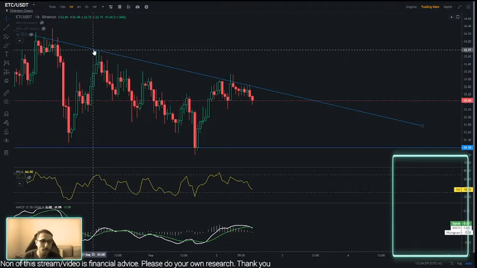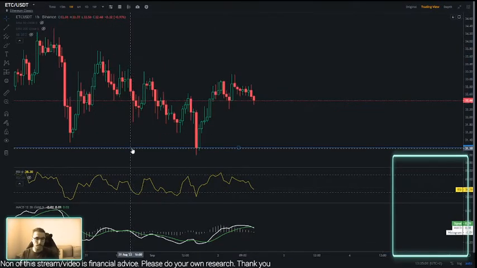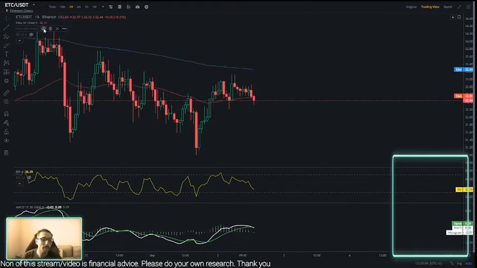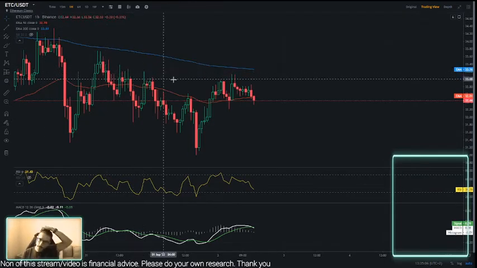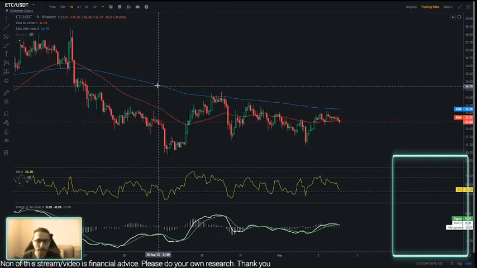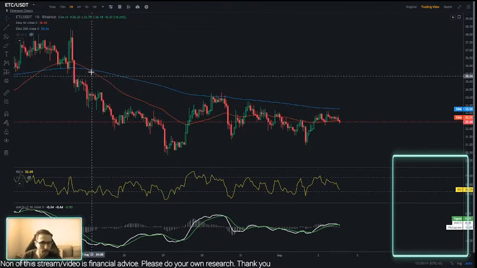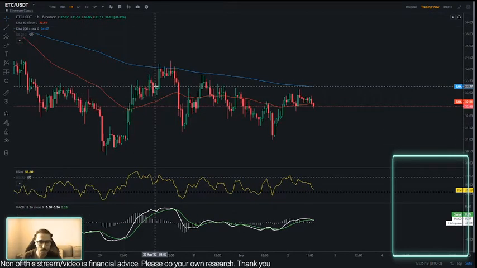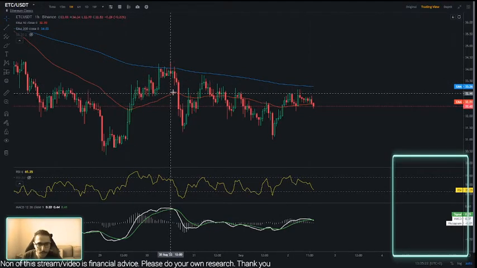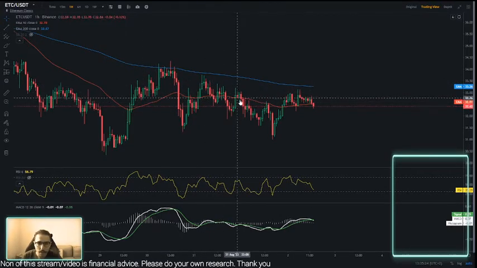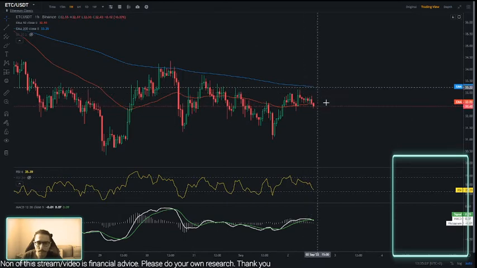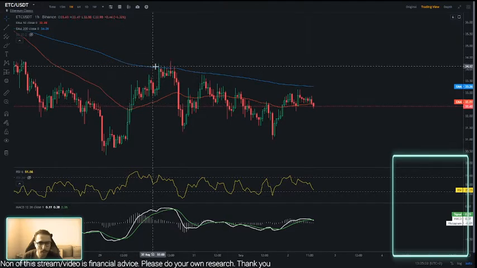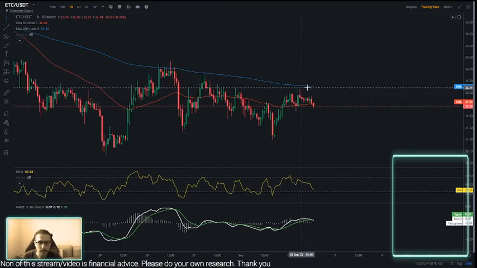Now the EMAs, so I'm going to just erase those lines, pop up the 50 and 200 EMA. So here we have the death cross that we used to have on almost every coin for this week, thanks to Jerome Powell's. Here the 50, let's say we are just going around the 50 exponential moving average, and definitely the 200 is working as a resistance.